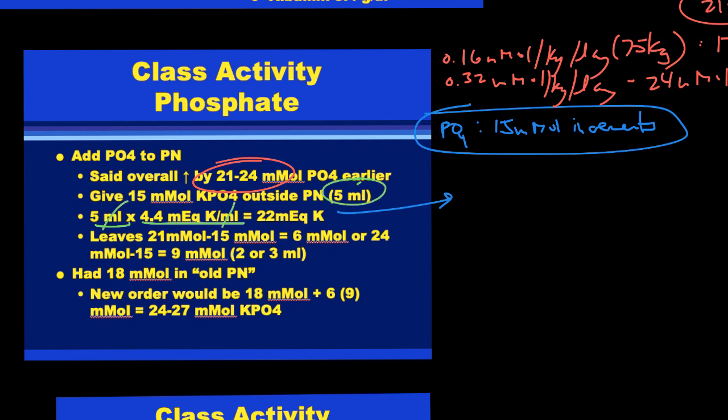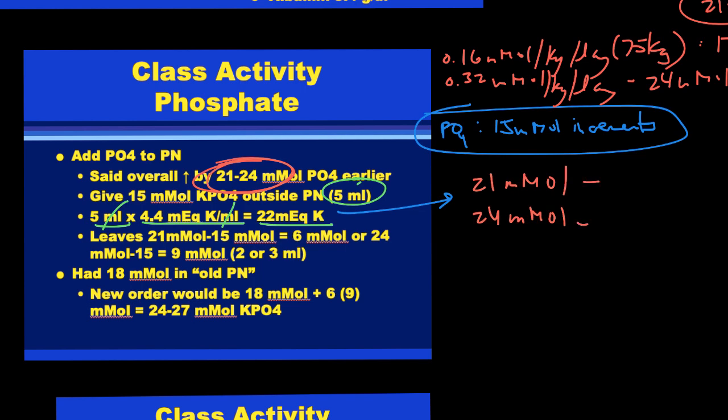Units cancel to give you 22 milliequivalents of potassium. So now, since we're giving 15 millimoles of phosphate already, and you're giving anywhere between 21 and 24 millimoles. Remember, we said that Dr. Younger chose 21 to 24 based on his labs. He's hypophosphatemic. So let's try both.